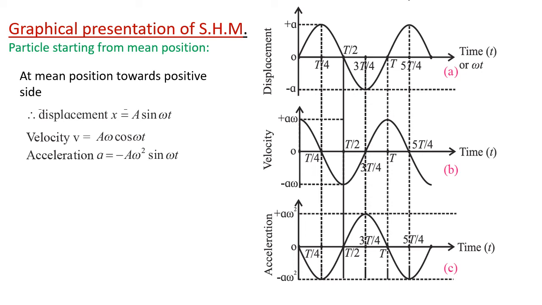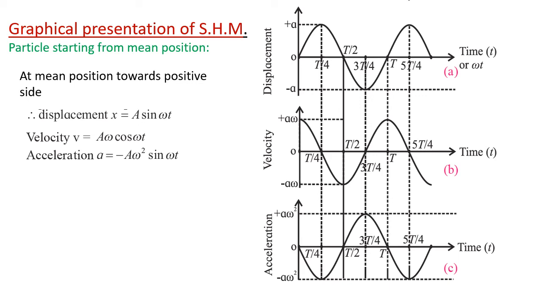Now taking these equations into consideration, let us see how we can represent them graphically. Remember, on the x-axis we are going to have time interval for all three quantities, and on the y-axis we will have displacement, velocity and acceleration respectively. Now let us check with the displacement.